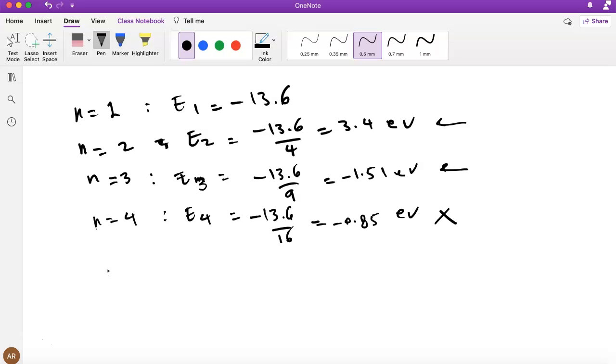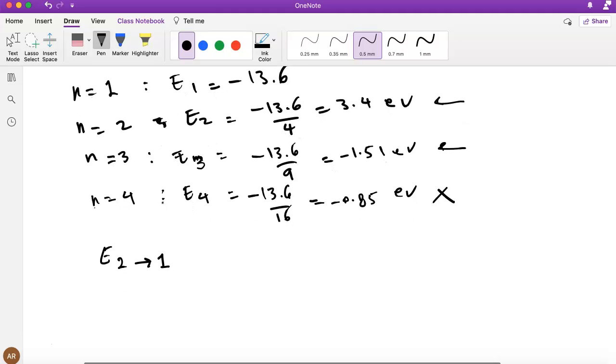So the process is if it gets excited to the first excited state n equal 2, well, we only can have a process where we go from 2 to 1, right? That's one allowed process, and it gives a photon, excuse me, with a certain energy. If it gets excited up to the third level, well, we can have 3 to 1. We can also have 3 to 2. And there's nothing else.